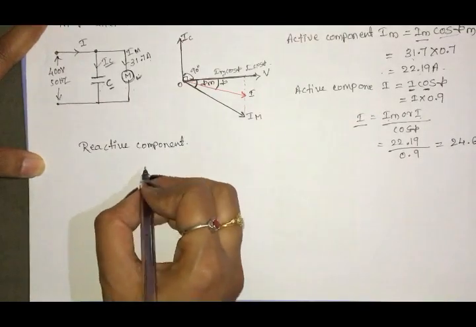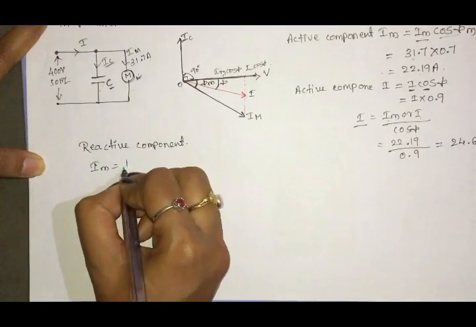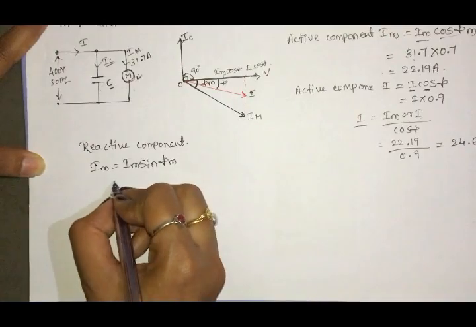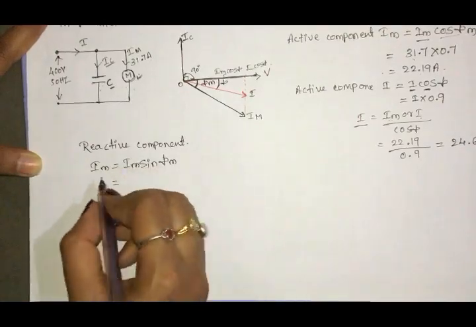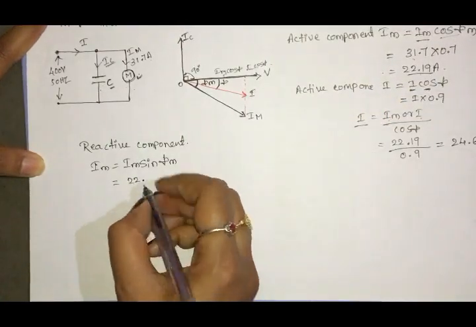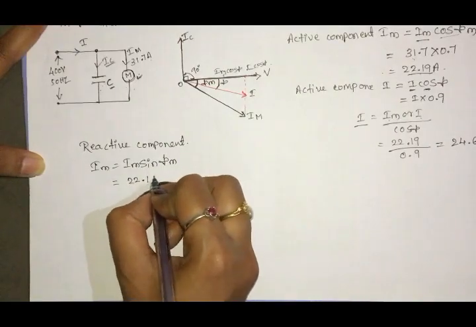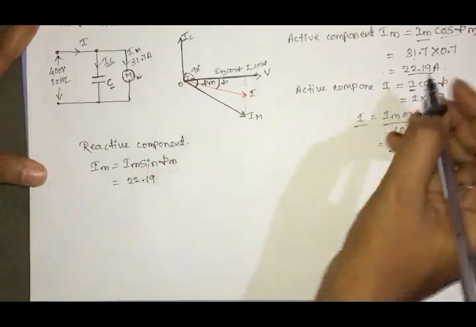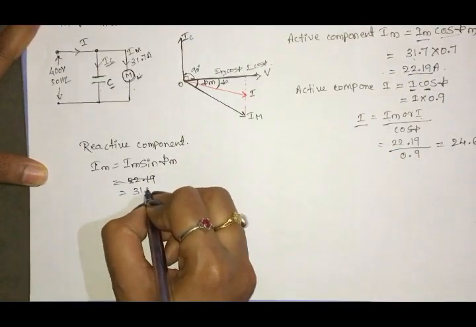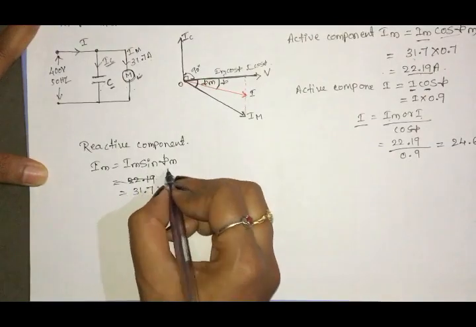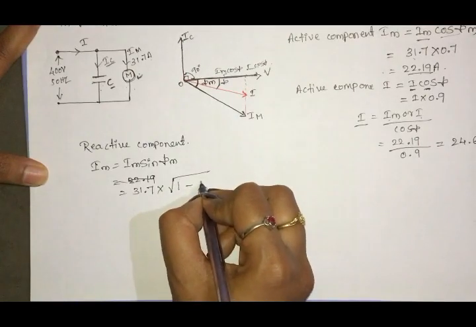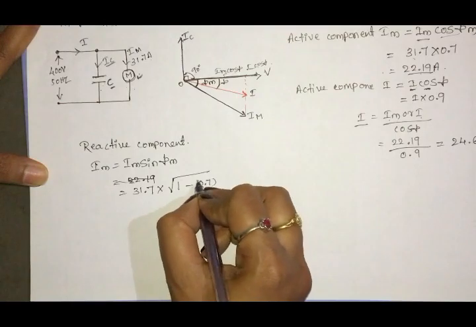The formula for the reactive component is Im is equal to IM sin phi m. We know IM. How much is IM? Sorry, IM is 31.7 into, we don't know sin phi m. So we can write it as square root of 1 minus 0.7 square.